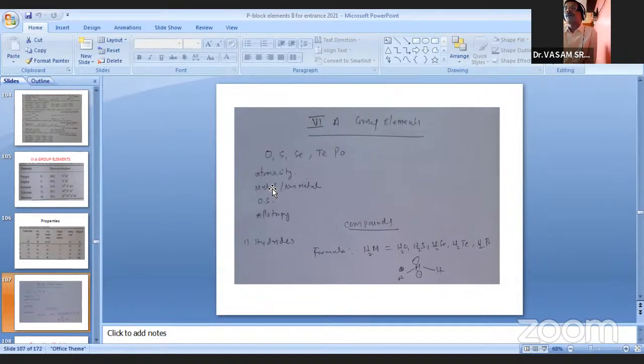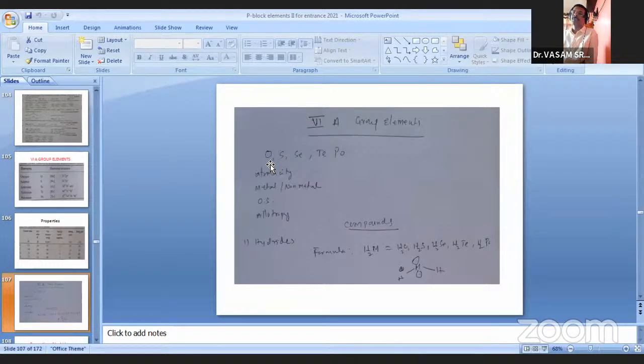Now come to allotropy. You know what allotropy is, already studied in fourth group elements: carbon and silicon. Carbon allotropes are two types. Coming to sulfur, the sulfur allotropes are six types, like orthorhombic sulfur, monoclinic sulfur, purple sulfur, plastic sulfur, and so on.